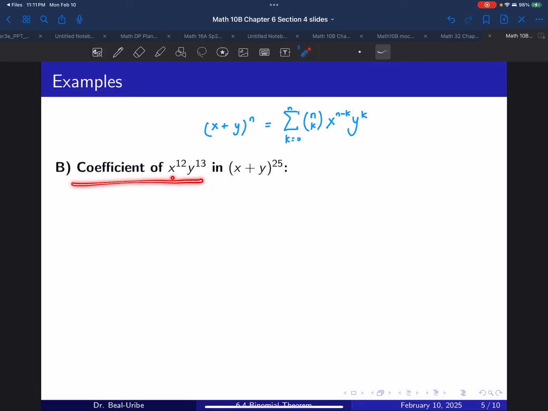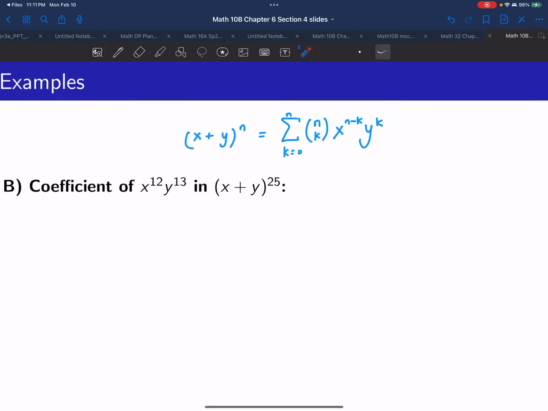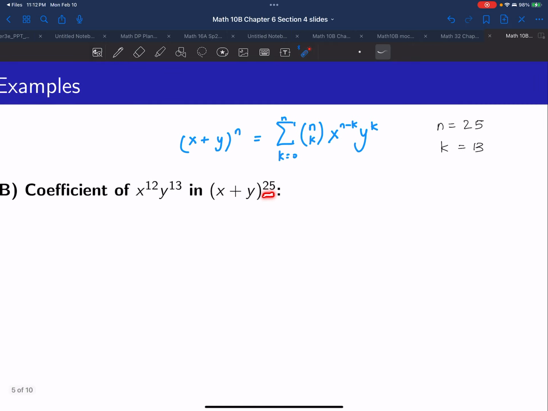Okay, now let's go on to another example here. What's the coefficient of x to the 12 times y to the 13th in (x plus y) to the 25th? Again, I have my formula for the binomial theorem, and it looks like k is 13. So let's write this down. So n is 25, k is 13. n minus k is 12, k is 13.